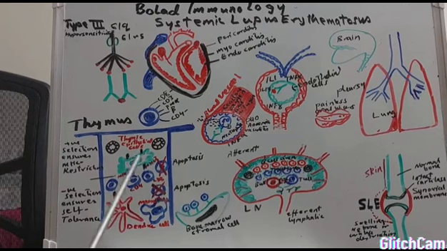However, the positively selected cells go deep, and then they interact with macrophages and dendritic cells, and now they can see the body antigens.